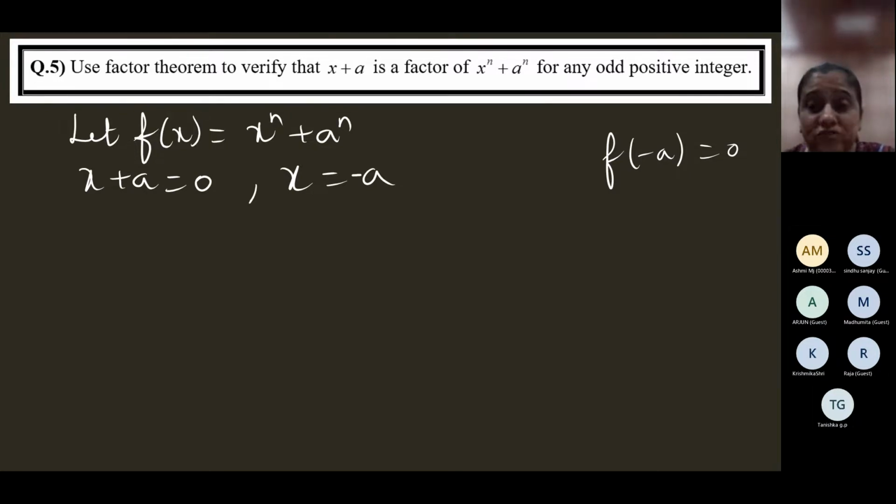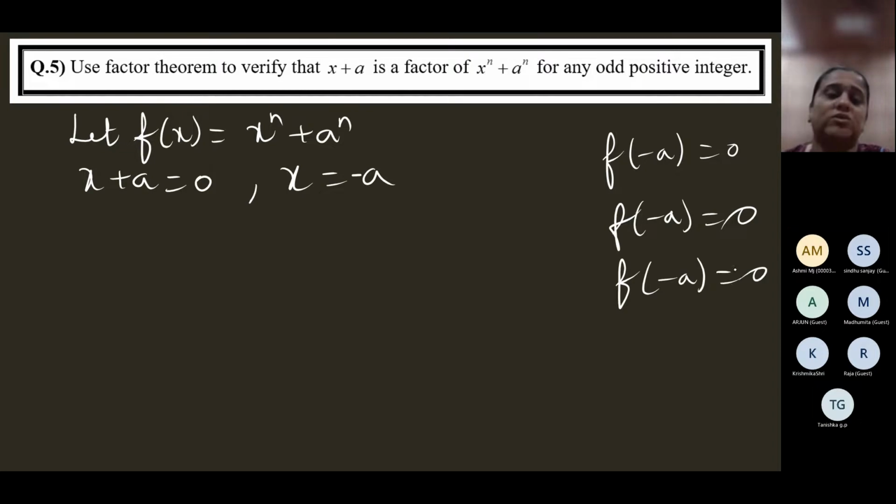That means you must find f of minus a and show that it is equal to 0. If it is given to be a factor, then you will write f of minus a is equal to 0. But if you have to prove it's a factor, you will have to find f of minus a and you must get the answer as 0. If you get the answer as 0, that means the remainder is 0. Therefore, it is a factor.